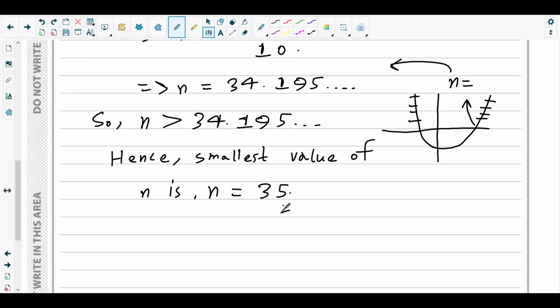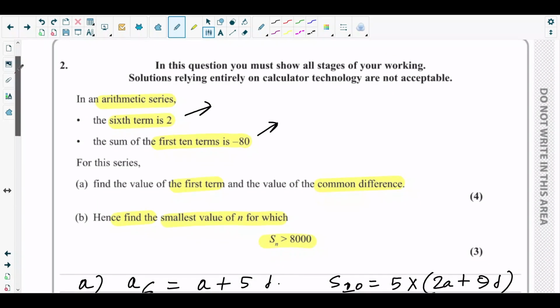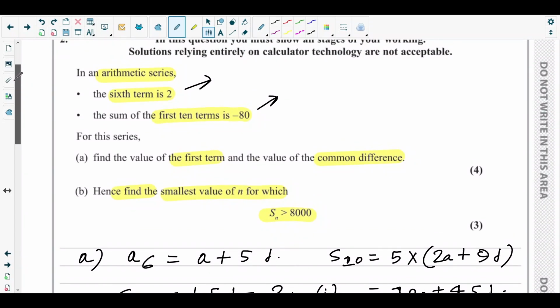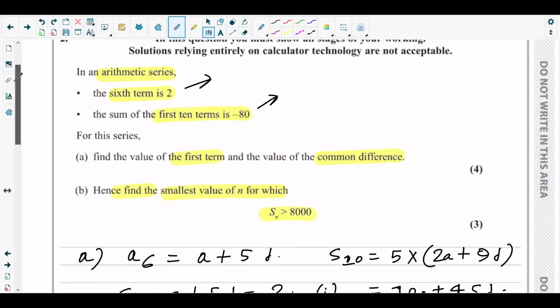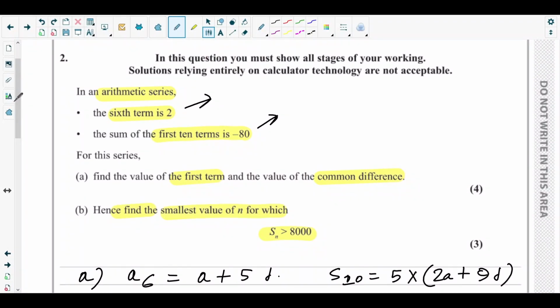This is the smallest value of n such that the sum of n terms of the arithmetic series will be greater than 8000, and that's what part 2 has asked for. Fine.